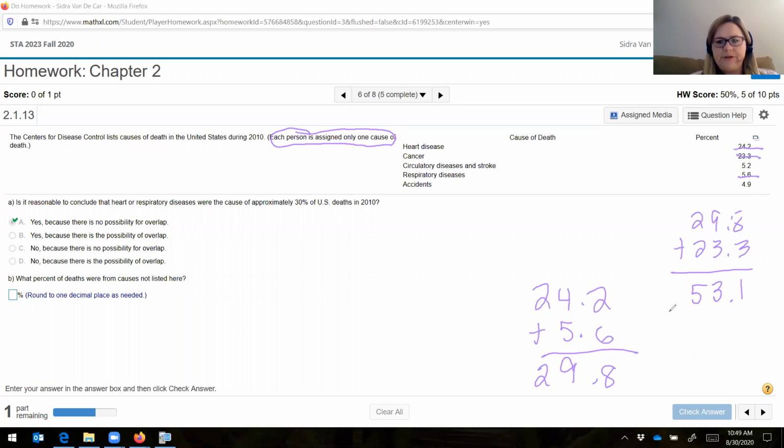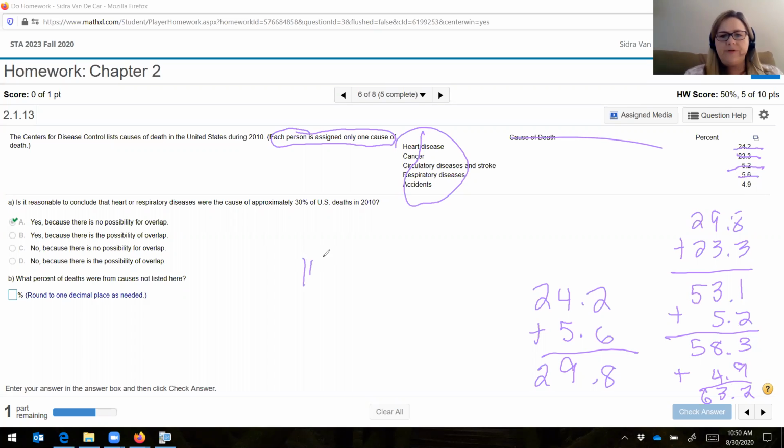Now let's add on the 5.2. And that took care of that. Now let's add on the 4.9. So we get 63.2. So 63.2% of the deaths are accounted for by these categories.